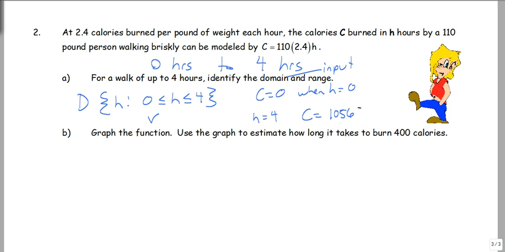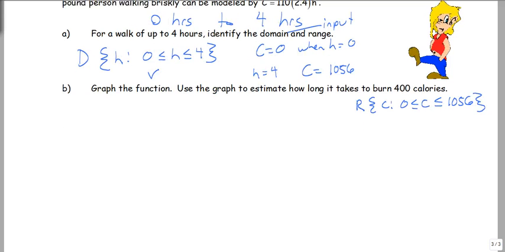So that means the range are all the C values, the output values, from 0 to 1056. And that's my range of this problem. Again, it's just what output values can I get between 0 and 4 hours. I can get between 0 and 1056.